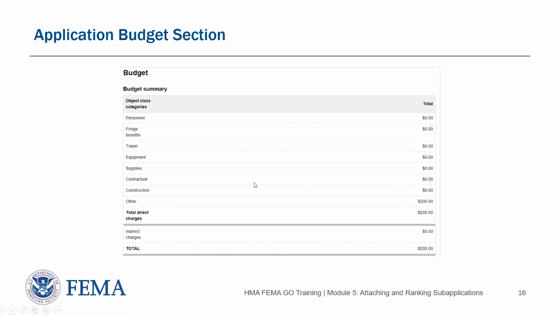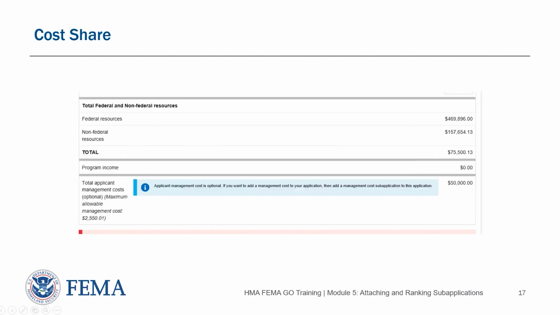The remaining categories, or budget object classes, are the direct grant costs, so the costs that are associated with the state or the grant applicant directly. Applicants must manually enter the non-federal sources of funding for the application. Then the FEMA GO system adds up all the total federal and non-federal funding commitments.